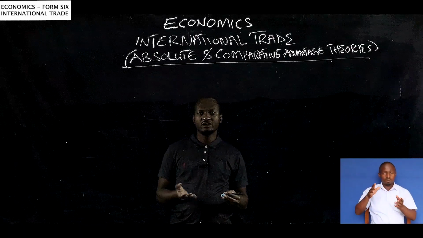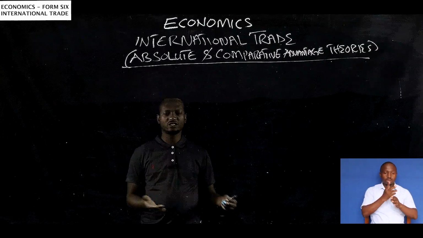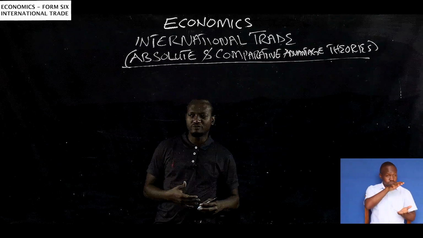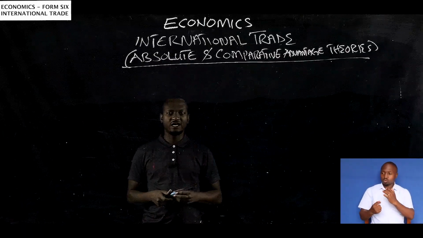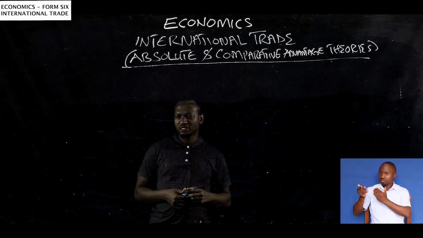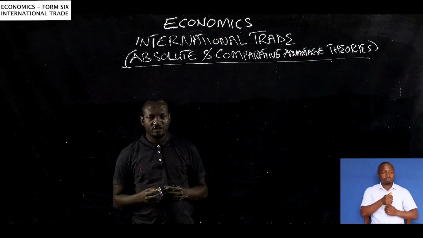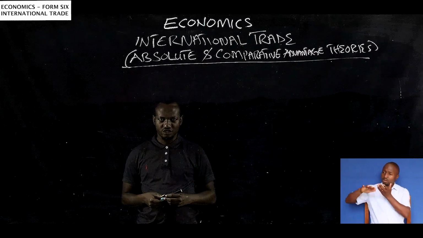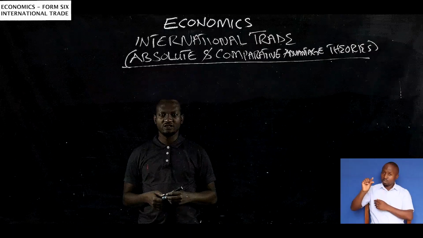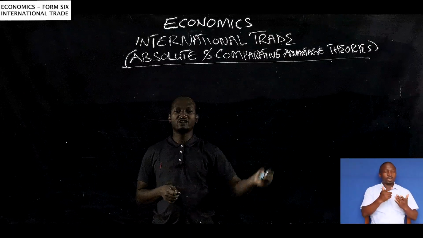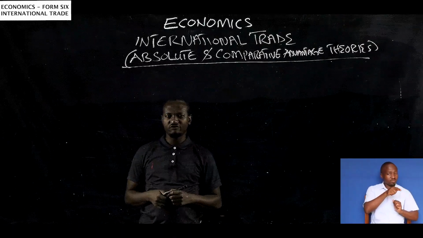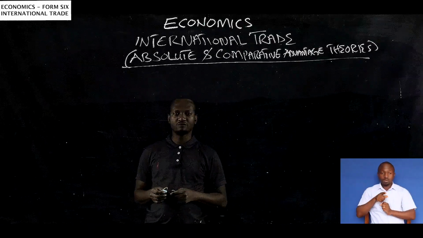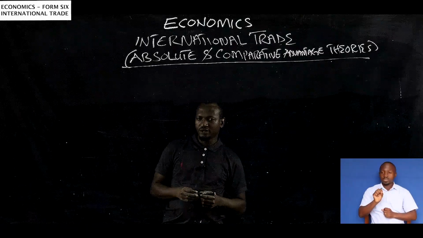If it uses few resources to produce that commodity and it brings more output than the other country, you must produce. And if you have absolute disadvantage and another country has absolute advantage, the country has to leave that production to the other country. That is according to Adam Smith's theory.